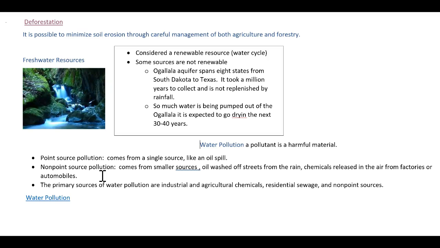Whatever the source is, when it gets into the water, it changes the chemistry of the water, which impacts the lives that live and depend on that water, whether it's salt water or fresh water. And it also impacts how those habitats are able to function.